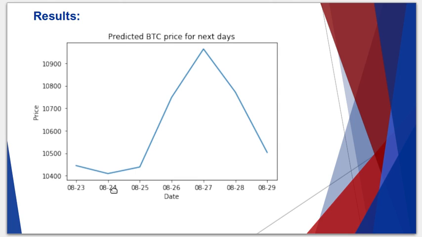From the data collected on the 22nd of August, the stateful LSTM model predicts the price on the 23rd of August to be between 10,400 and 10,500. It's about $10,450 per Bitcoin.